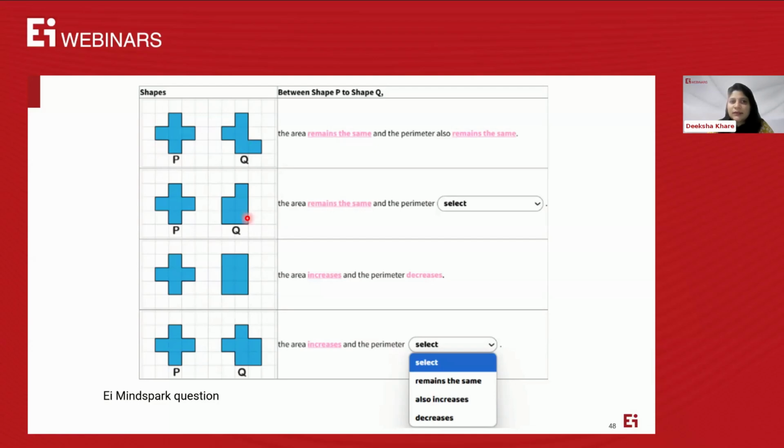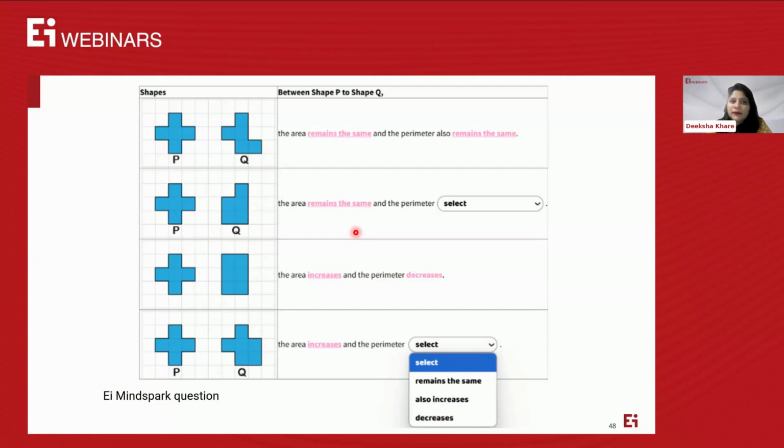Now, in the second case, this tile has been shifted here. What happens to the area? Nothing has changed in the area. Area remains the same. But you can make them calculate the perimeter of this figure to see whether it has increased or decreased.